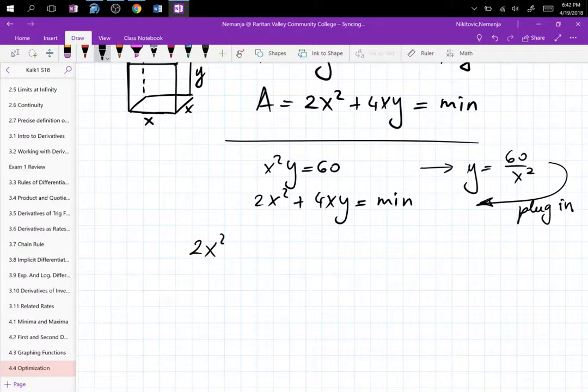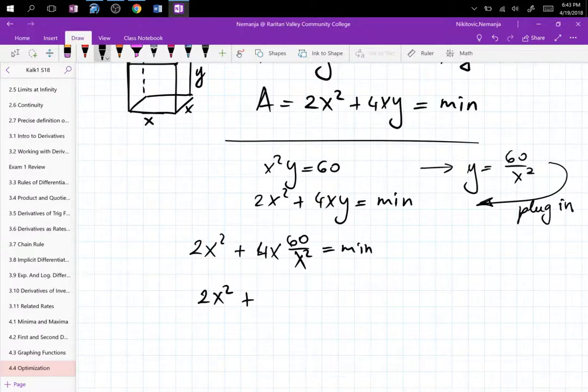So 2x squared plus 4 times x times 60 over x squared equals minimum. And cancel one of these x's. We get 2x squared plus 4 times 60, which is 240, over x equals the minimum.